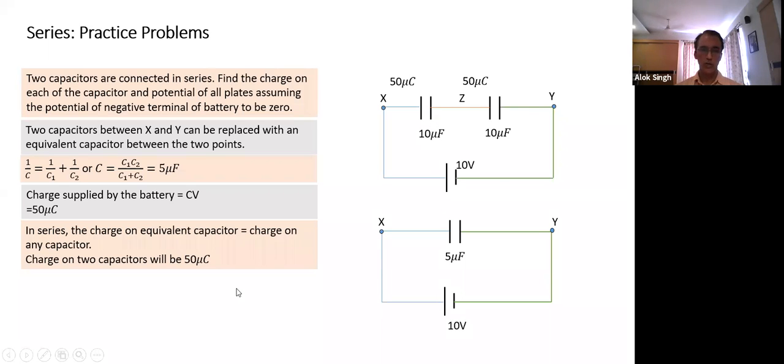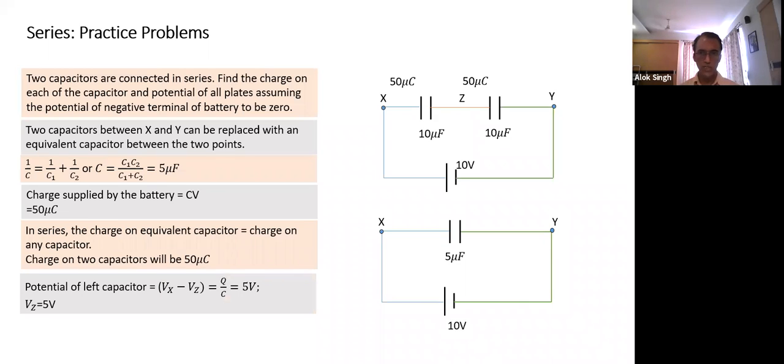C is equal to Q by V. Applying it to the left capacitor, the potential of the positive plate minus the potential of the negative plate, which is Vx minus Vz, is equal to the charge on the capacitor divided by its capacitance. The charge is 50, the capacitance is 10 microfarad, so it comes out equal to 5 volts. If the potential difference is 5 volts, and this is 10, then Vz is 5 volts. I could have applied the same formula to the other capacitor and come to the same result.